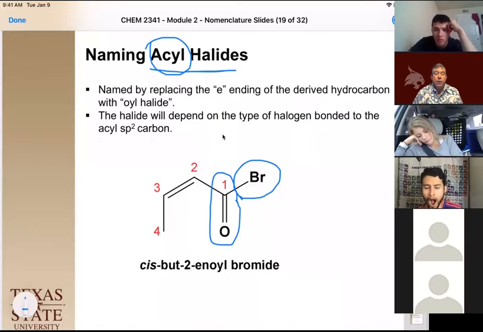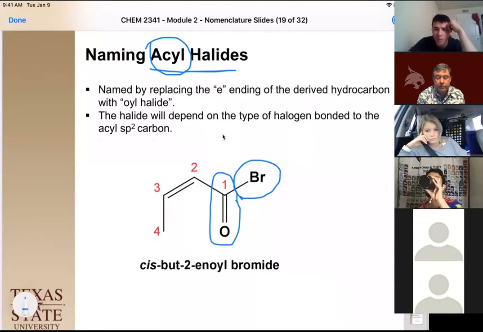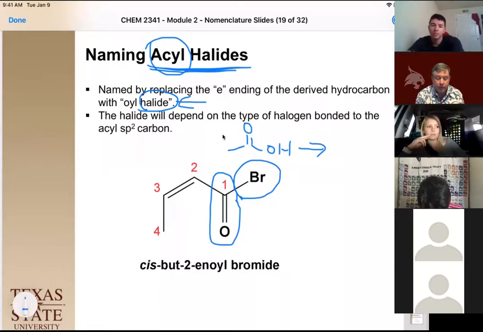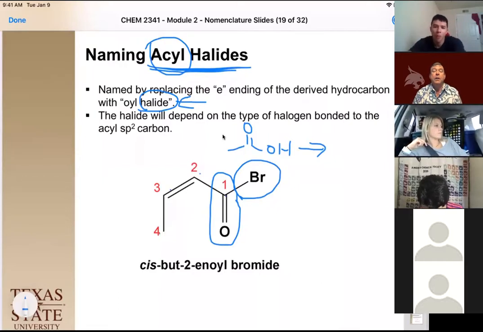Okay. So when we're naming a base compound, like ethanoic acid, and we converted it to an acyl chloride, we would drop the oic acid and add oyl halide, whatever it is. You would show that it's the chloride or the bromide, whatever the halogen is. In this case, we have 1, 2, 3, 4 carbons, so that would be butanoic acid.